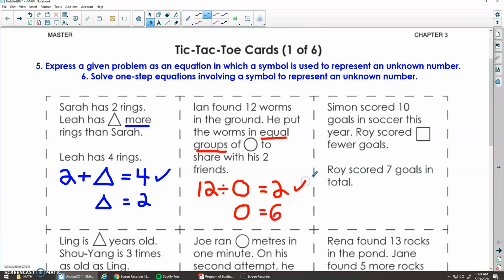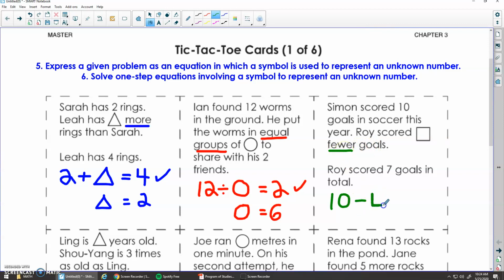Okay, let me try one more. Simon scored 10 goals in soccer this year. Roy scored fewer goals. Roy scored 7 goals in total. So if Simon scored 10, now if you score fewer goals, are we going to add or subtract? Fewer means less, so we subtract.